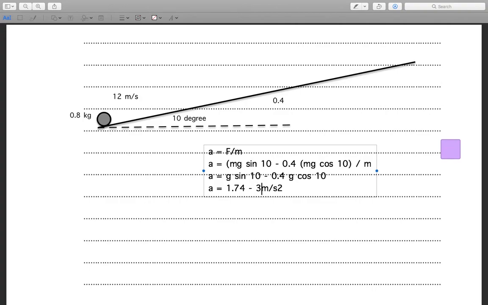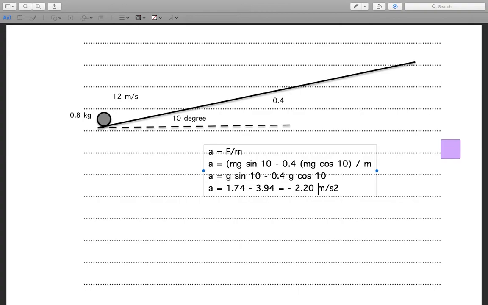Here 3.94, and then we get 1.74 negative 2.20. Yes, 2.20 negative, in meters per second.